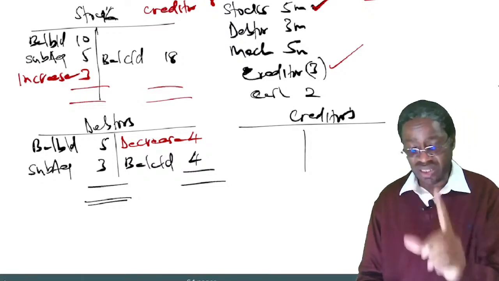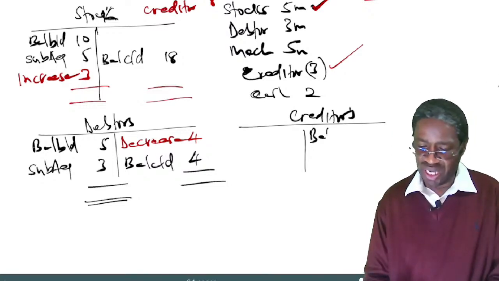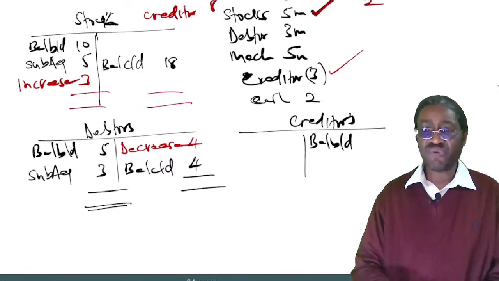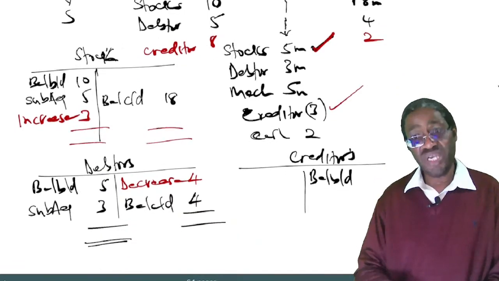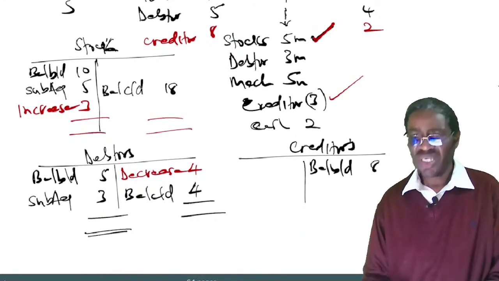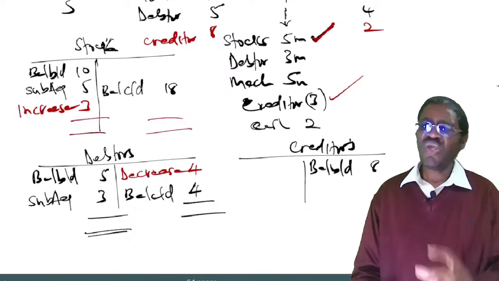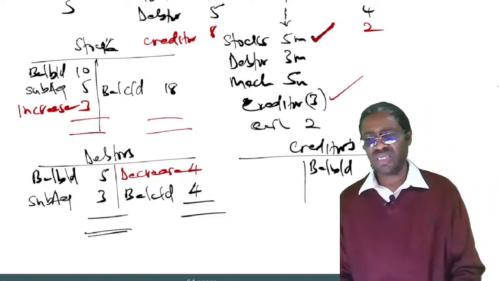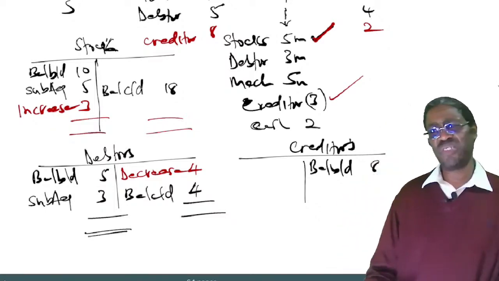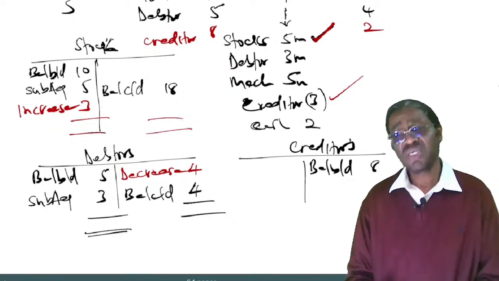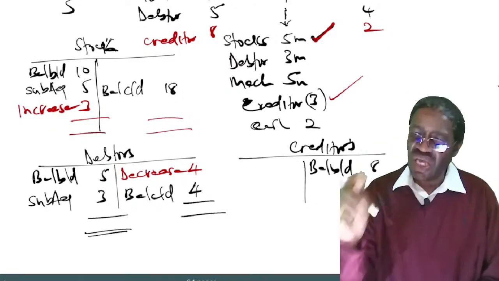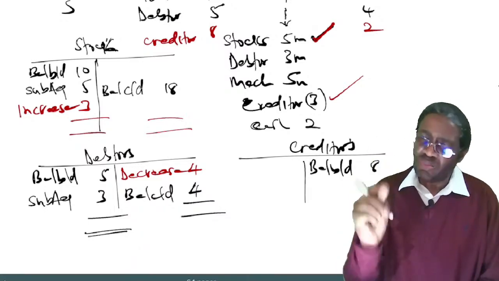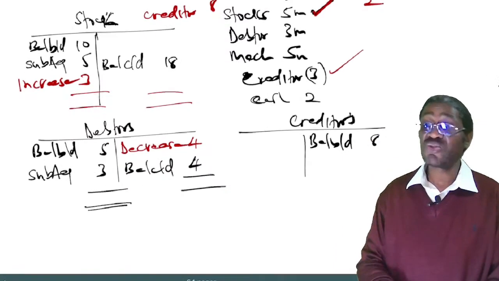Creditors is a liability, so bring it down on the credit side, balance brought down. And from the balance sheet last year, our creditors were 8 million. Good. Then you come and say, we acquired a subsidiary company, and it came into the group. The subsidiary we acquired came into the group with its own bunch of creditors amounting to 3 million.